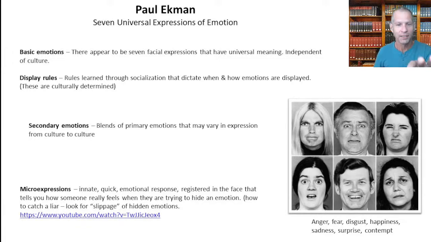Now, I did that really super duper slow. I mean, the micro expressions that he finds are far quicker and a little more subtle, and he shows them in real slow time. And if you practice for a while, you can get good at seeing these micro expressions, but they last for less than a quarter of a second, and they come out when people are trying to be disingenuous.